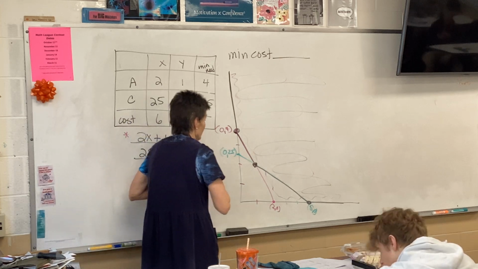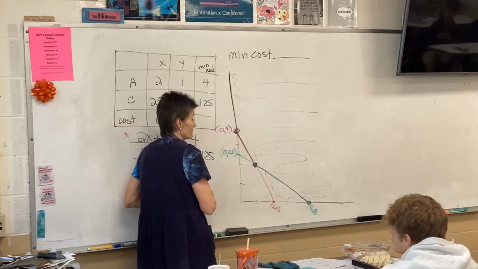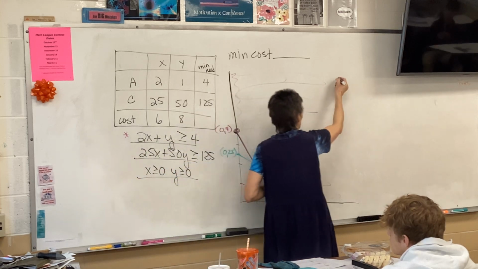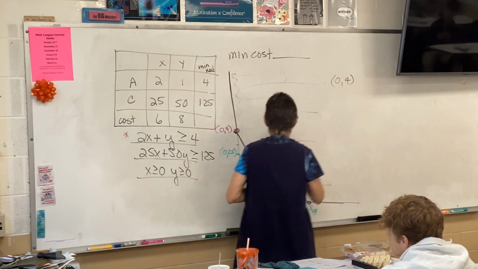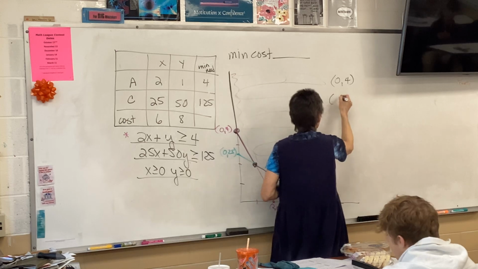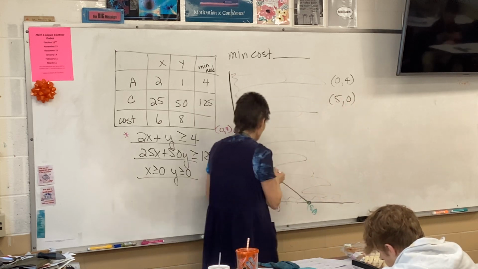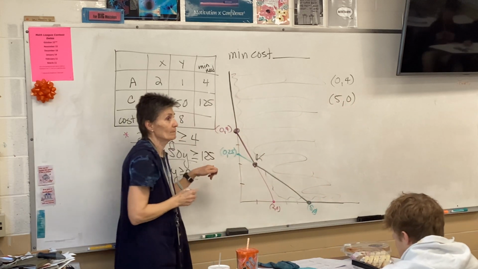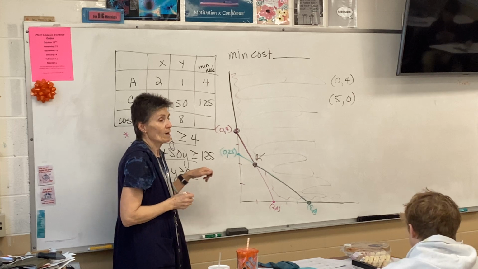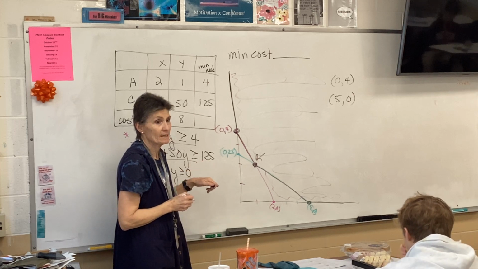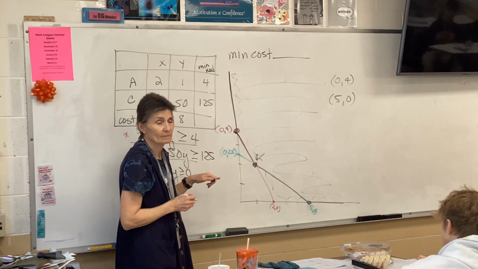Now, I have 3 points. My points are 0, 4, 5, 0, and then this one right here, which is where pink and green cross.